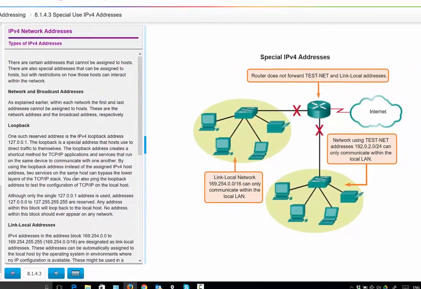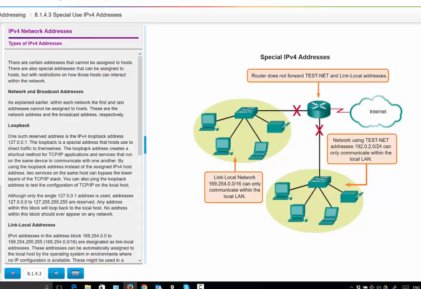In addition to private and public IP addresses, there are some special IP addresses that have special handling. These special IP addresses are not forwarded beyond the LAN router, not even to the service provider router. And each one of these special IP addresses has a different meaning.